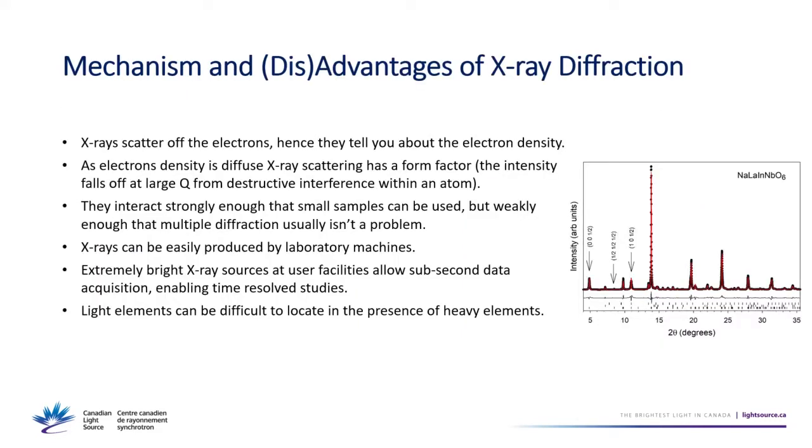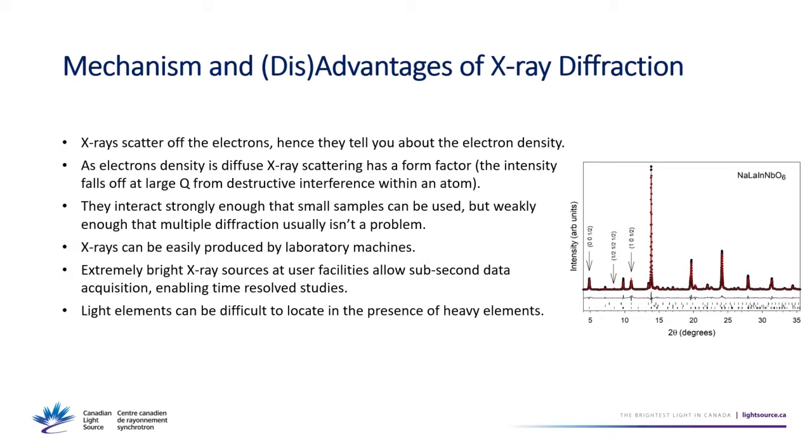The main thing about X-rays is they scatter off the electrons, and therefore they tell you about the electron density in the material. As such, they're more sensitive to elements that have a lot of electrons. Another feature of X-rays is that because the electron density is diffuse in materials, they have a form factor.